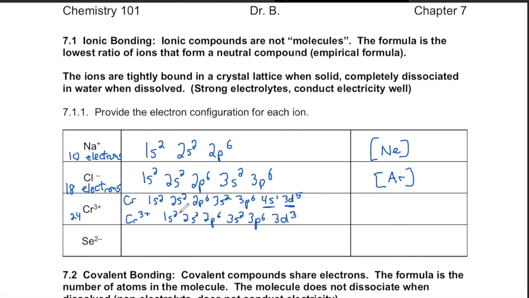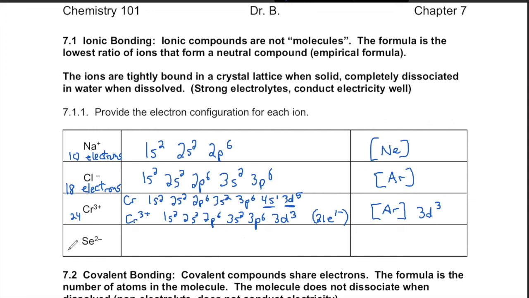And that is 1s2, 2s2, 2p6, 3s2, 3p6, and 3d3. The same as argon with just a couple of d electrons. And these superscripts add up to 21. There are 21 electrons in the chromium 3+ ion.